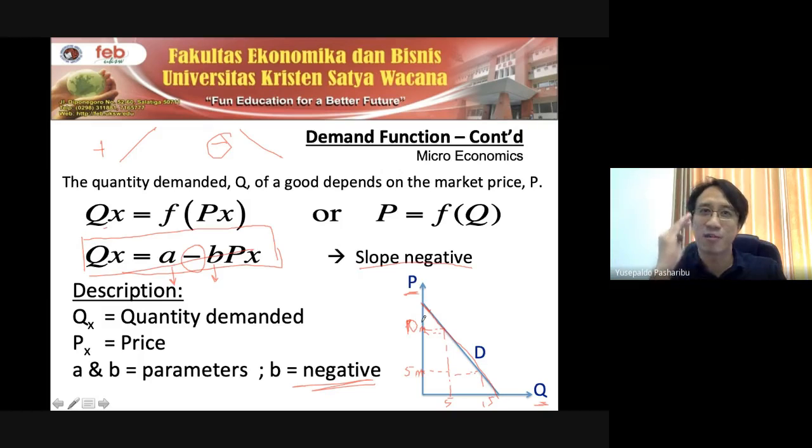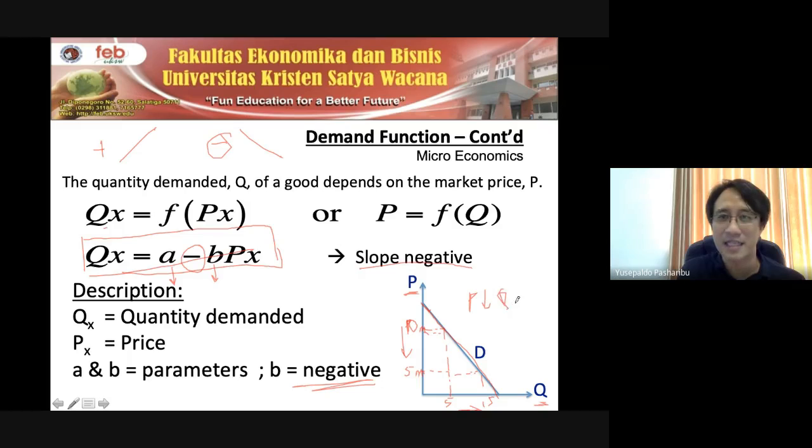That's why the slope must be negative. Because if the price decreases, then the quantity demanded will increase. That's for the demand function.